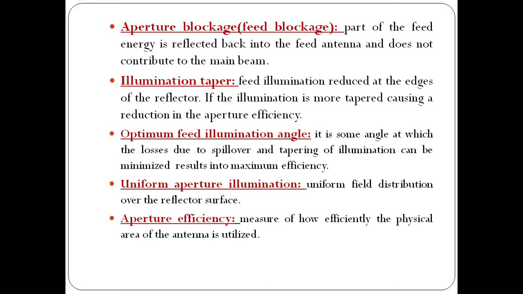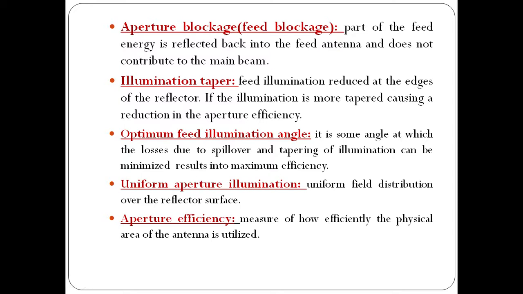So there should be a balance, some tuning between these losses. There is an angle called the optimum feed illumination angle. It is the angle at which the losses due to spillover and tapering of the illumination can be minimized, or balanced.